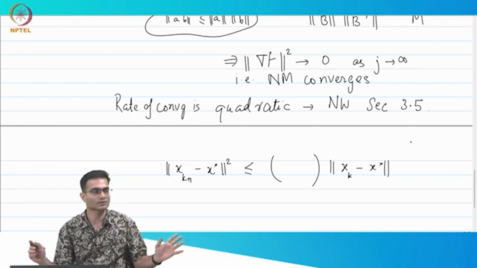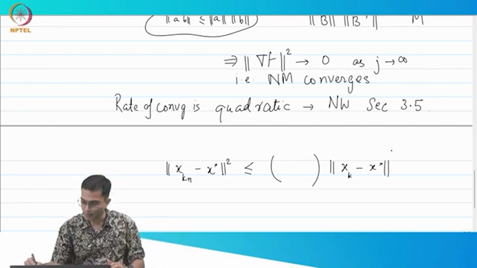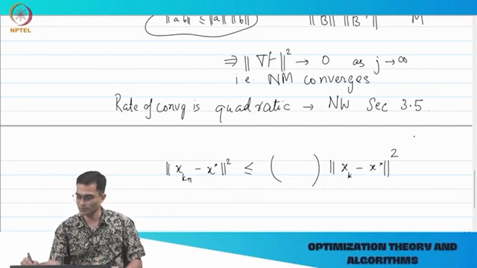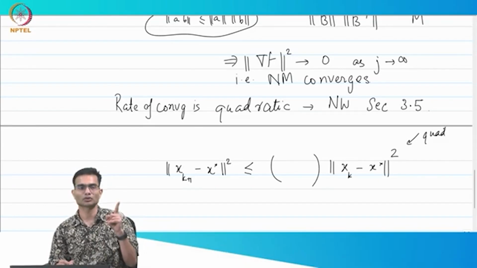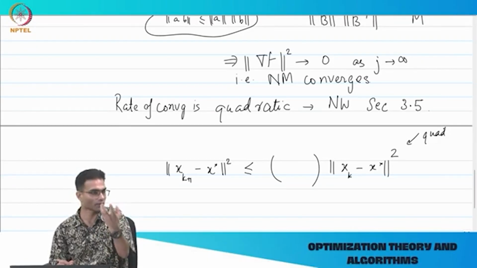What is the difference between linear and quadratic? You're going to get a square here. If you had linear, this would be to the power 1. So this is showing you that as I get closer and closer to the solution, this error is going to 0 at a much faster rate, right?